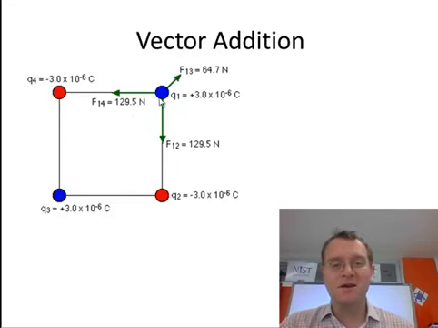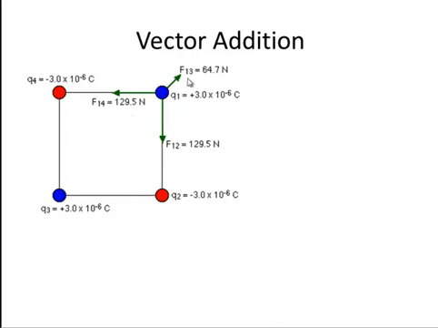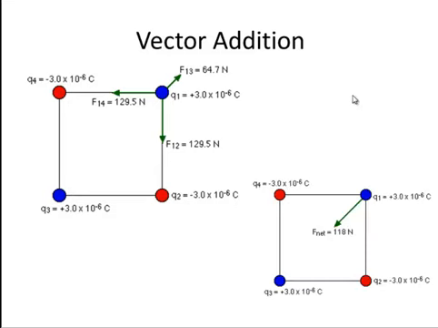Once I know that value, I just need to subtract the force between particles 1 and 3, and that gives me a final value of 118 newtons. So just be aware that you're going to have to think about vector addition in some situations, so you're going to have to use some of the skills you've learned in the past. Let's practice with some examples now.